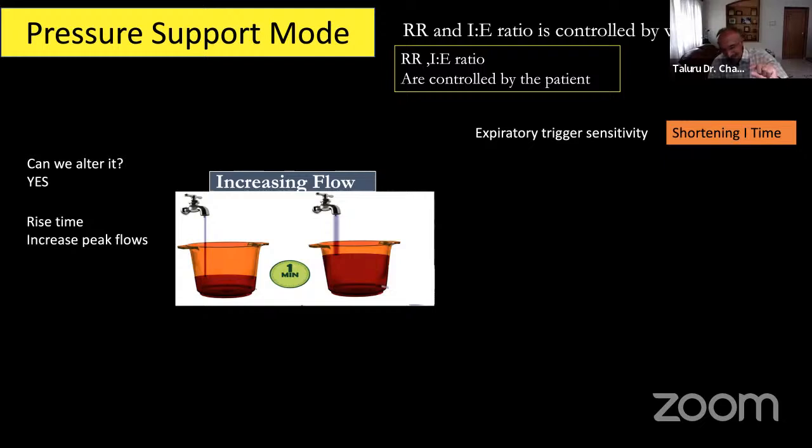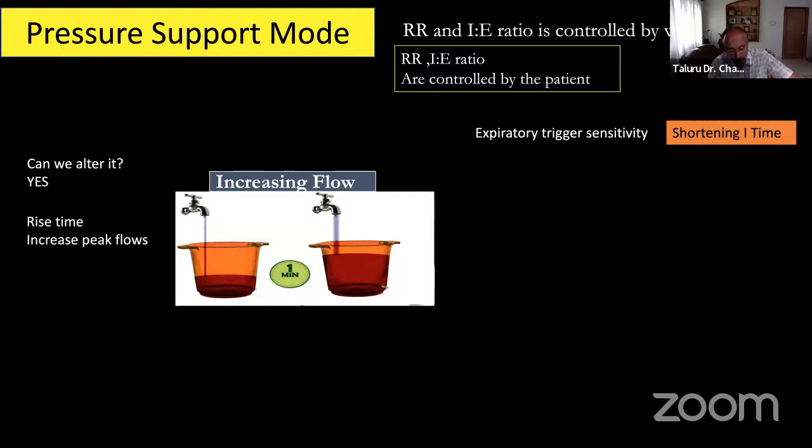So though the ventilator says it is rise time, your understanding should be that by altering the rise time, the ventilator is increasing the inspiratory flow. If it increases the flow, the tidal volume is achieved faster. Understood? If you increase the peak flows on a patient, or increase the rise time, it is like this.